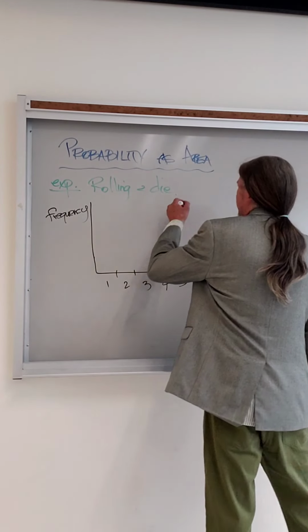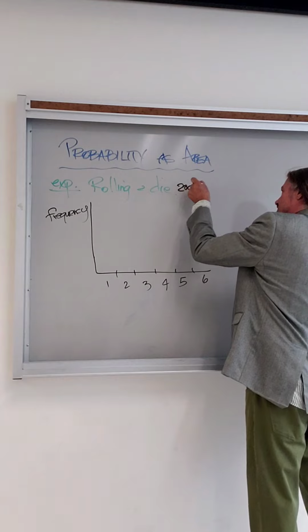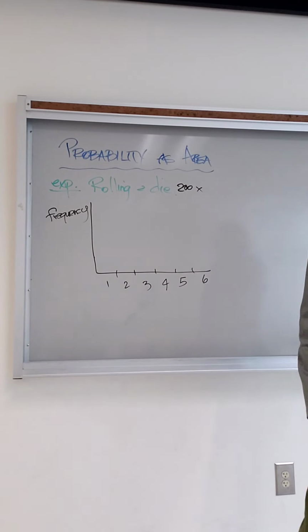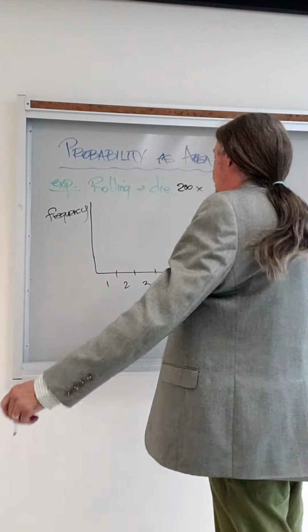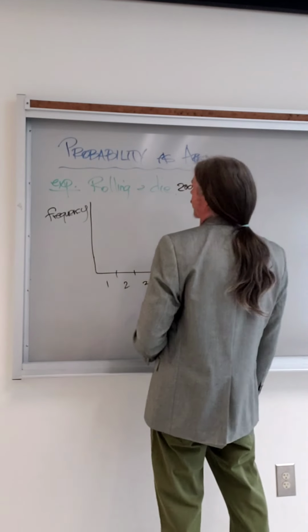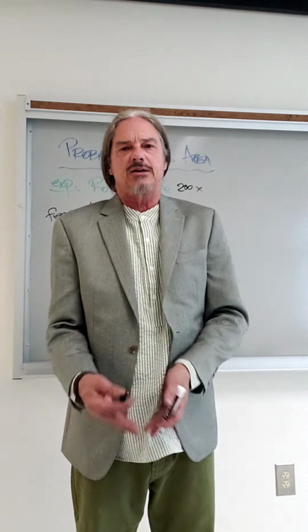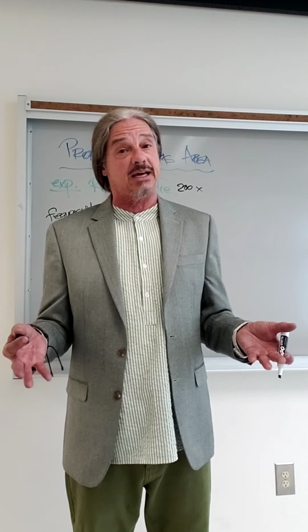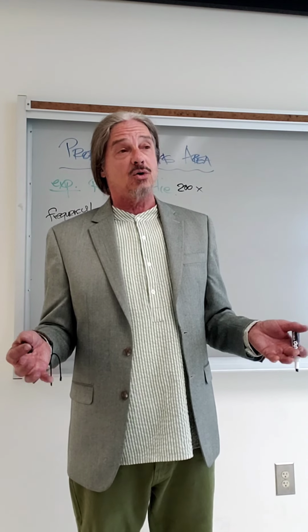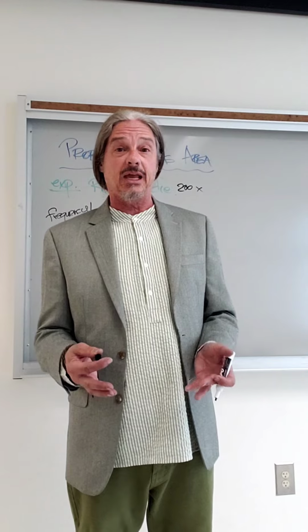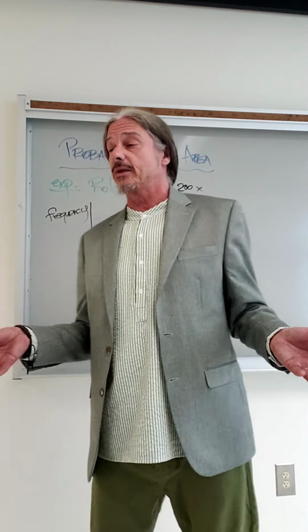Well, if we rolled the die 200 times, what would the frequency with which these 6 things would be observed in a perfect world? But 200 times is a lot of data points. So most likely it would look like this if we graphed it.